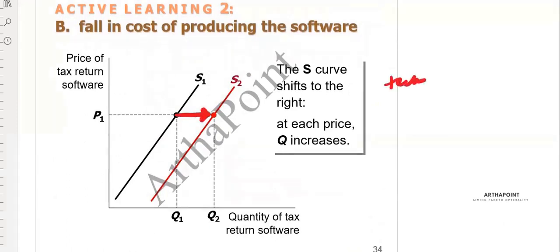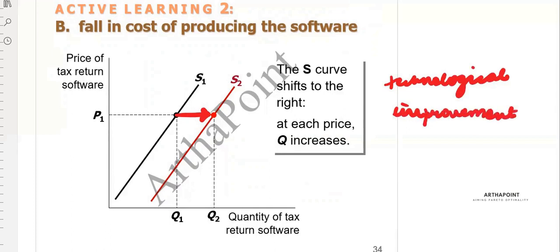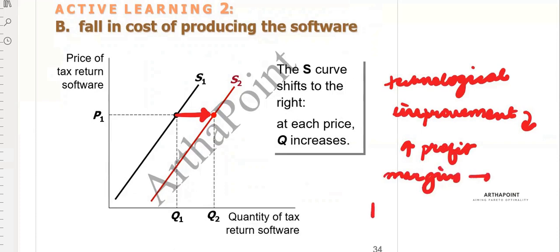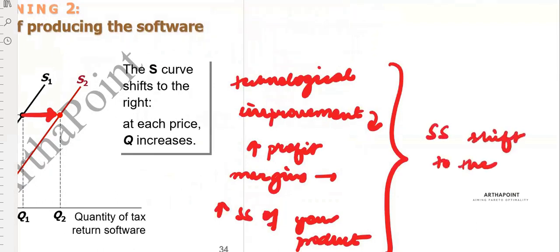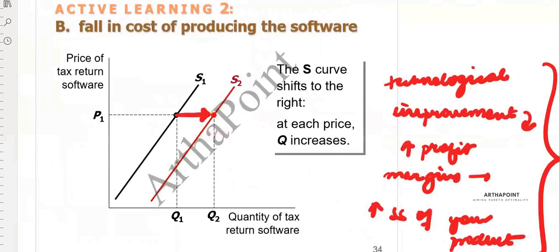Whenever there is a technological improvement, it is going to increase your profit margins, and you will increase the supply of your product. So the supply curve will shift to the right. Is it okay? So you will shift from S1 to S2.